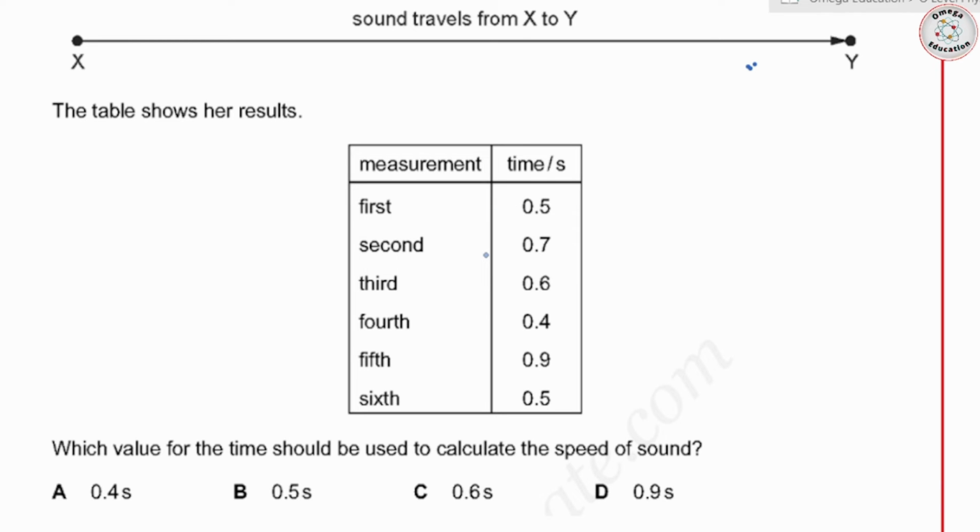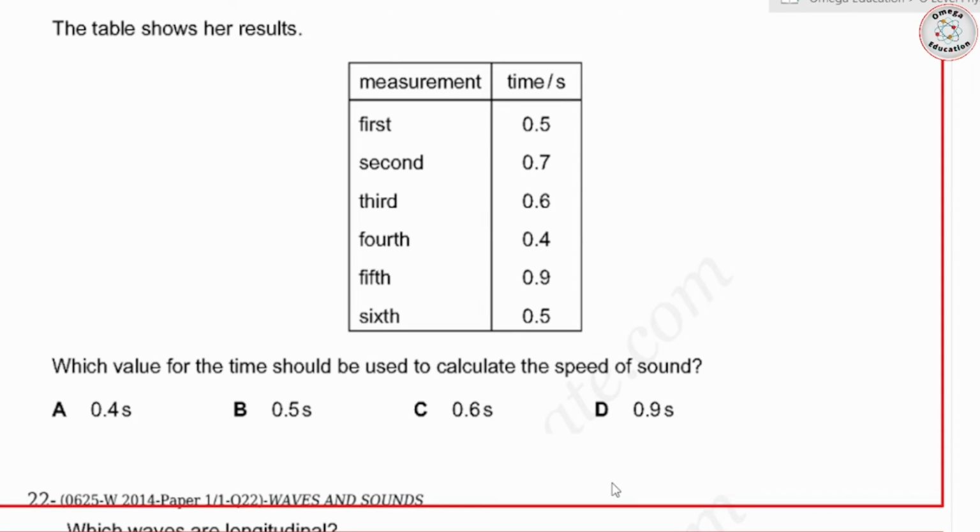Which value of time should be used to calculate the speed of sound? Out of these 6 values of time, which value should be used? This is the question that we have.